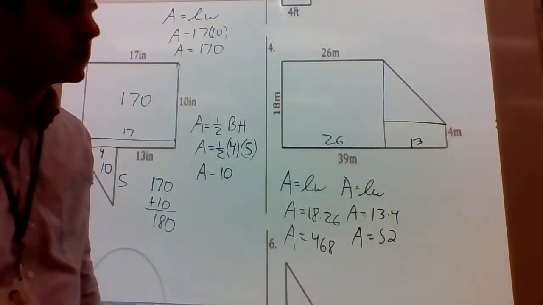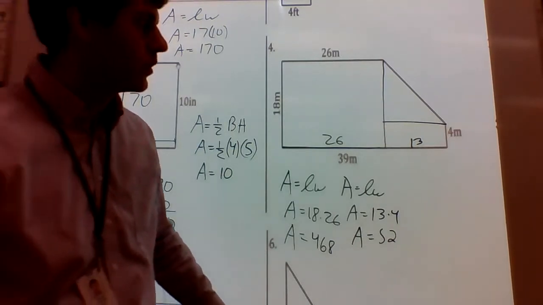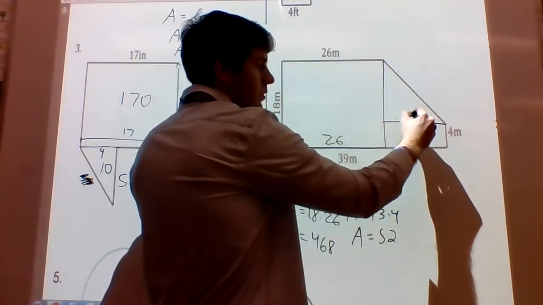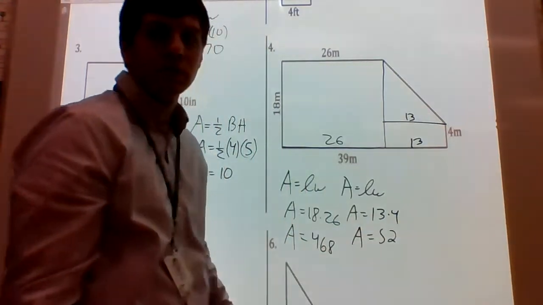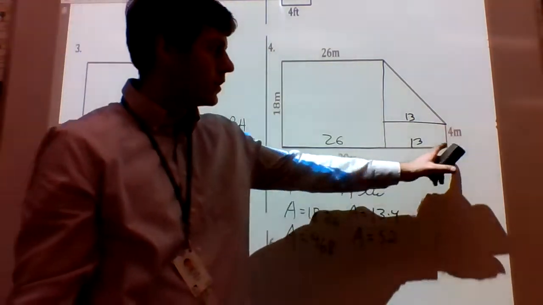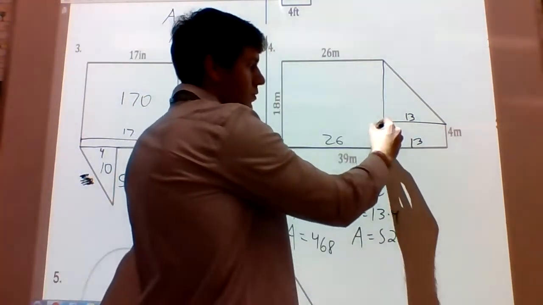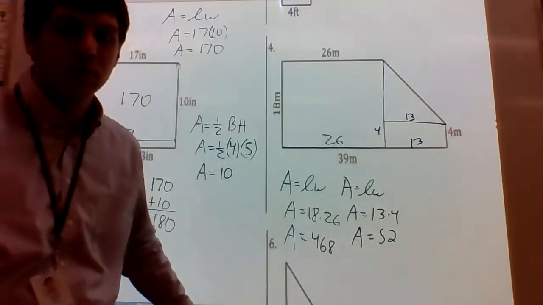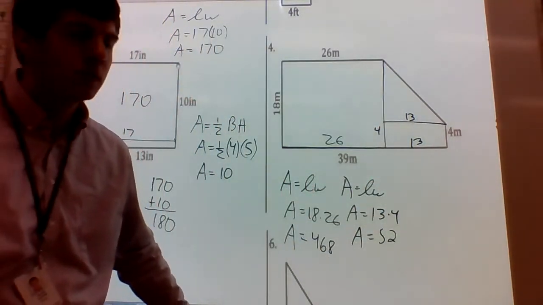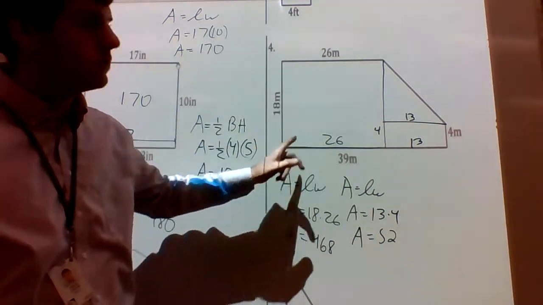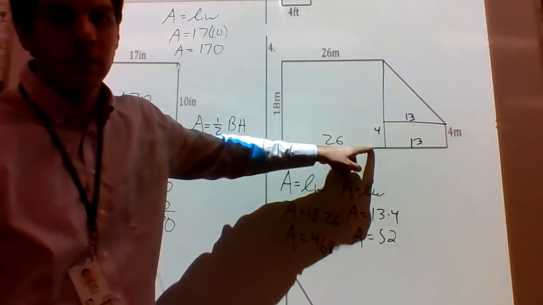We need to find the base and the height. So if this is 13, we know the base is also going to be 13. This is 4. We know this piece right here is going to be 4 as well, because opposite sides of rectangles are the same. If the whole thing is 18, this whole thing is 18. Right?